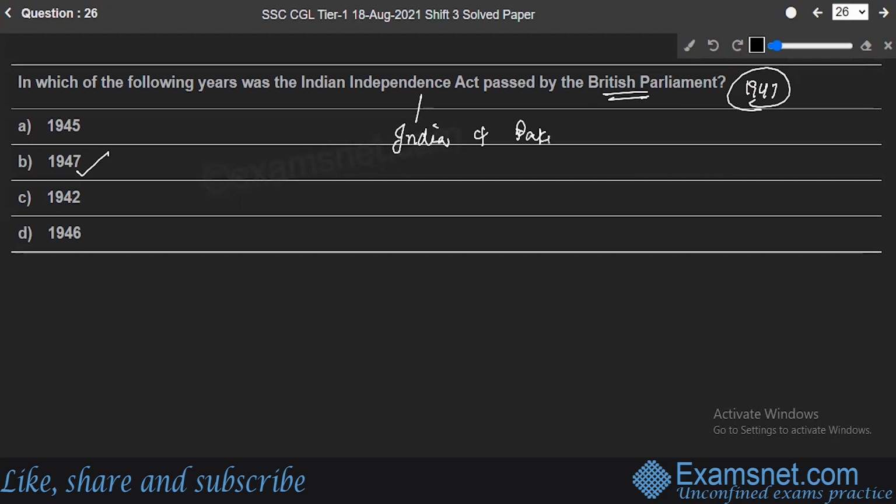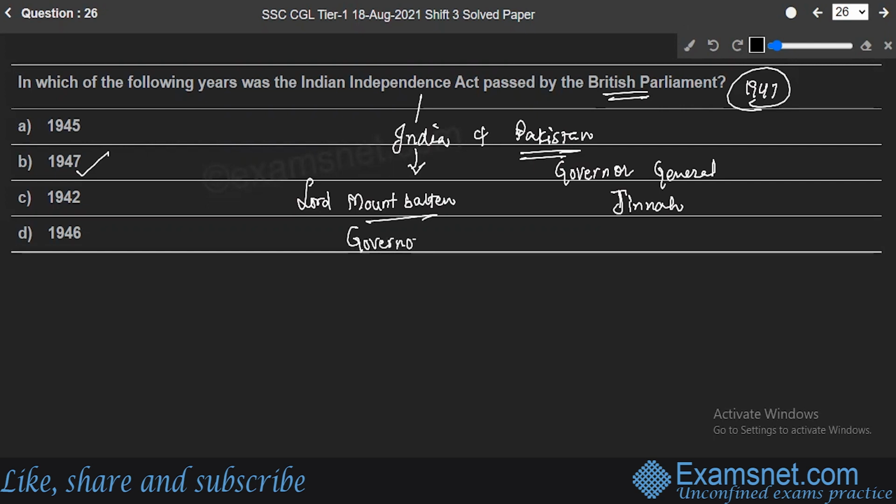Muhammad Ali Jinnah was appointed as Pakistan's Governor General, and Lord Mountbatten became India's Governor General. So the correct answer to this question is option B, that is 1947.